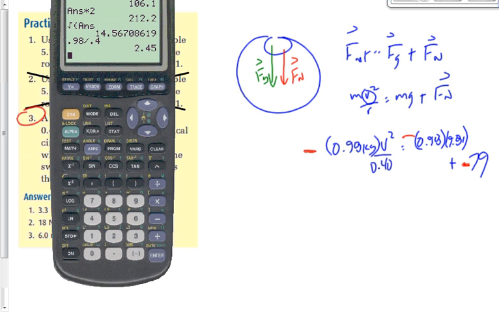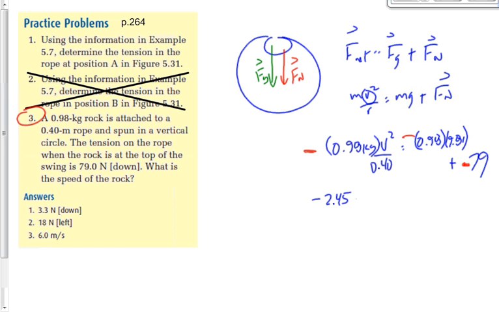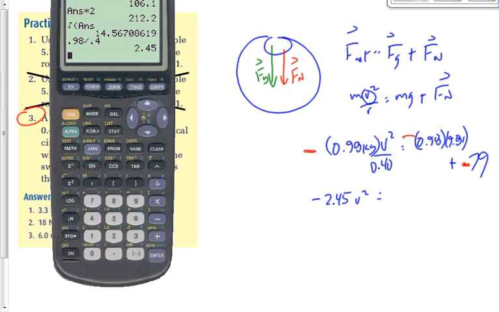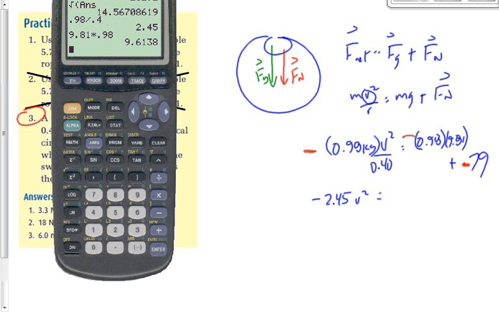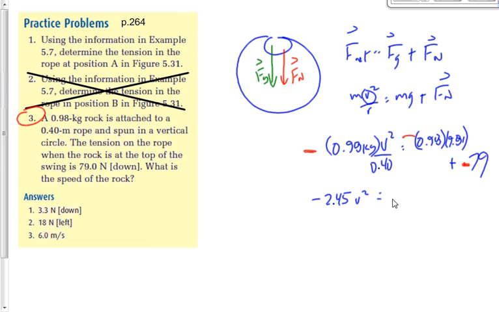So I get negative 2.45 times v squared. 9.81 times 0.98 gives me negative 9.6138. Subtract 79 newtons. So let's combine these two numbers on the right-hand side. That gives us negative 88.6138.